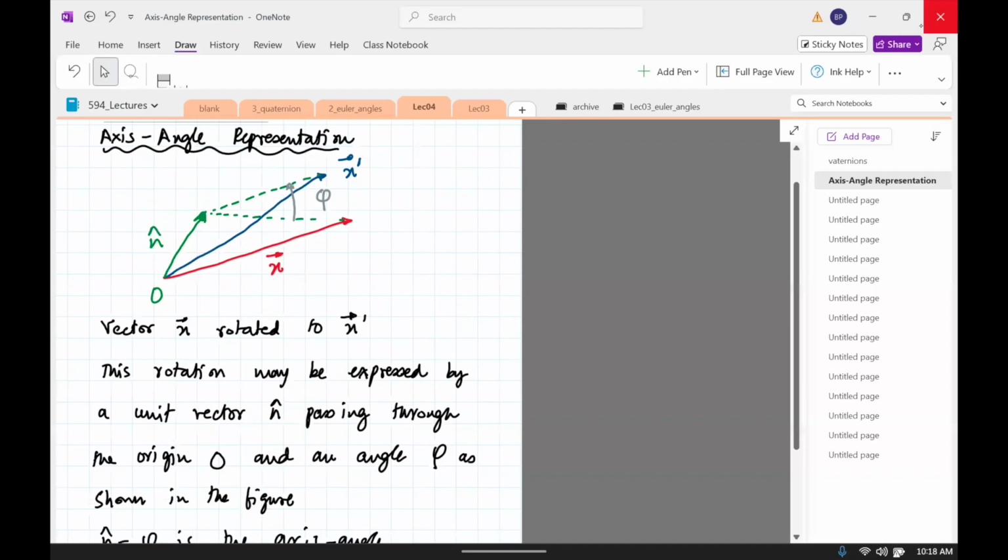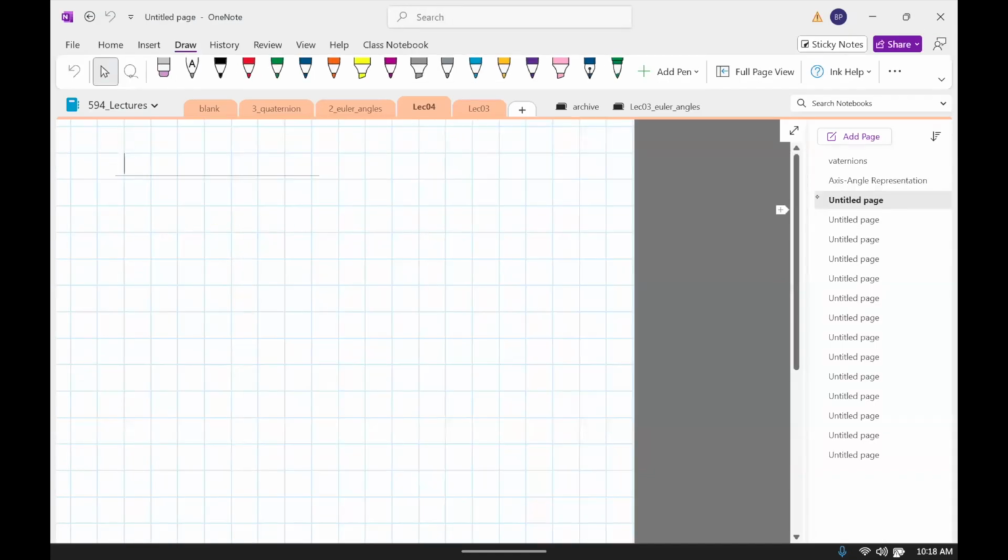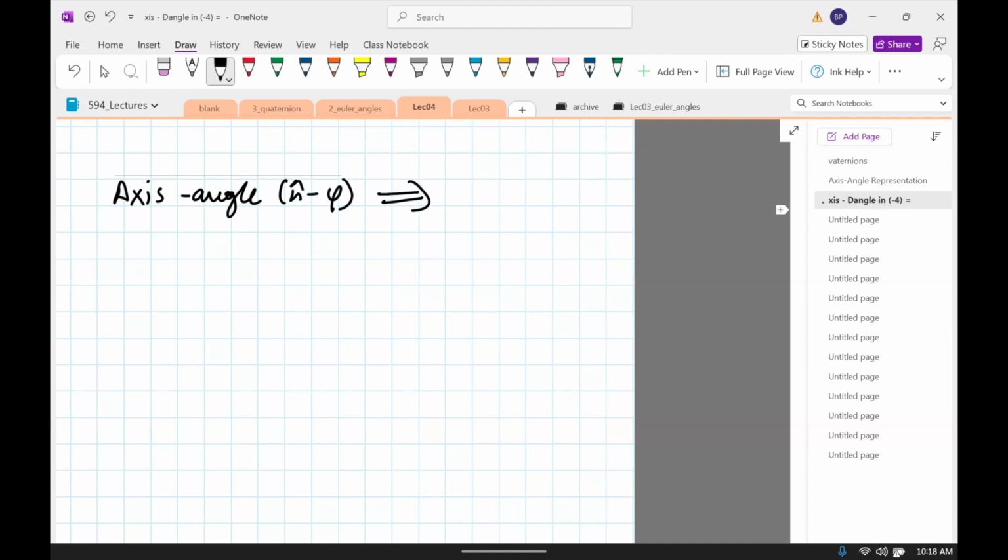We will not really derive that in class. So we take the axis angle, that is n and psi, and I will give you a formula which gives you R.